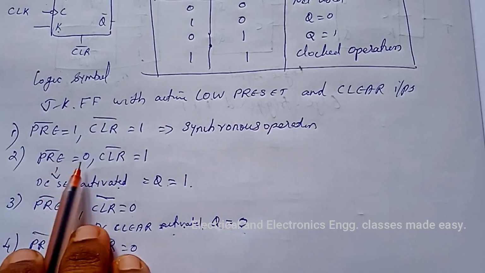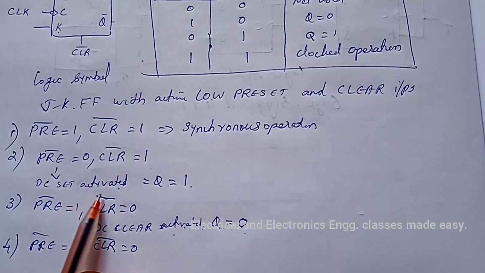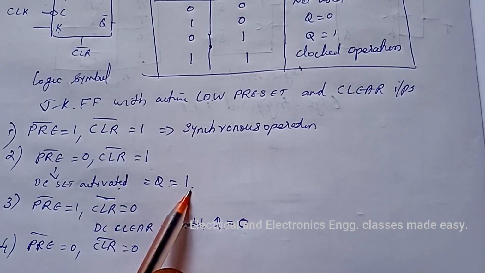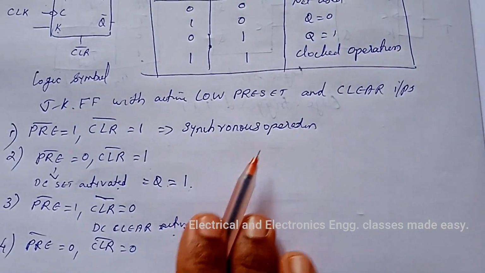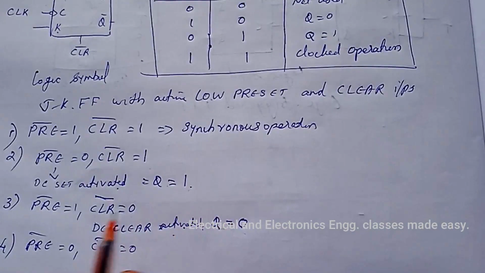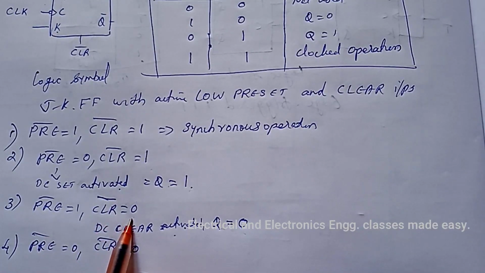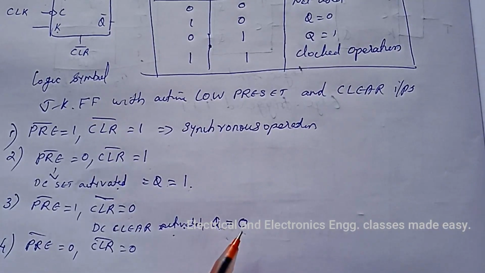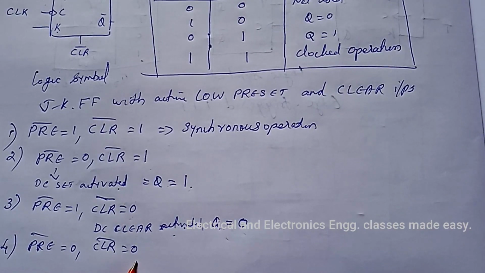And when preset equal to 0 and clear equal to 1, so DC set is activated, that is the output is set. So it will not depend on the synchronous inputs J, K and clock. And when preset equal to 1 and clear equal to 0, that means the output is cleared, that is Q equal to 0. And when both the inputs are equal to 0, it is an invalid case.